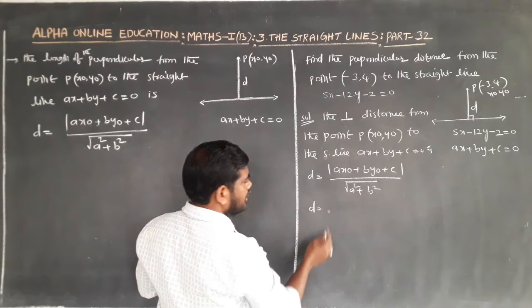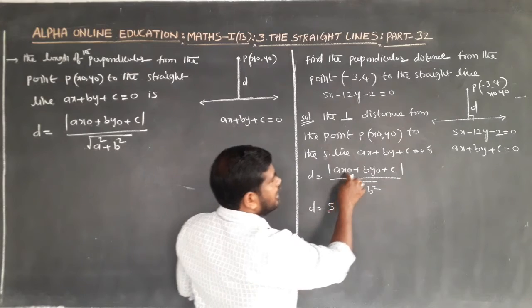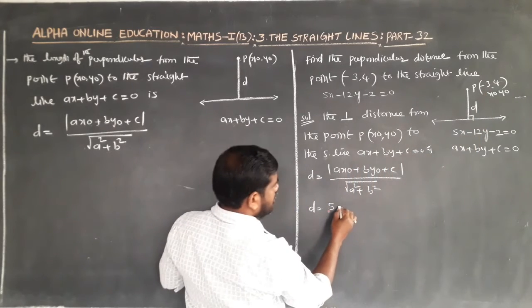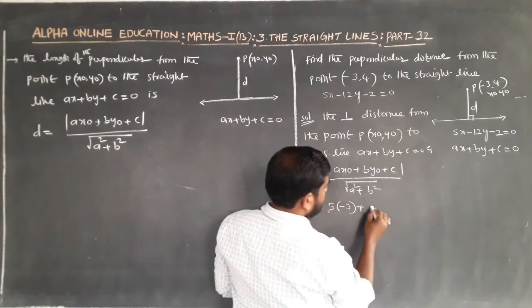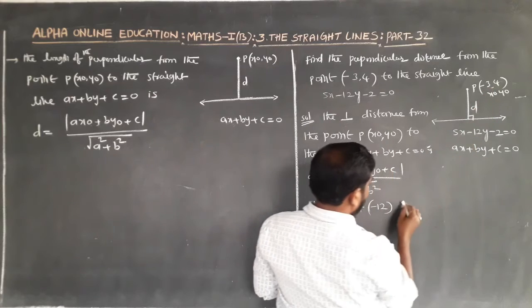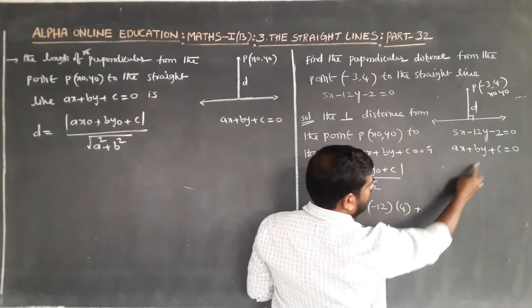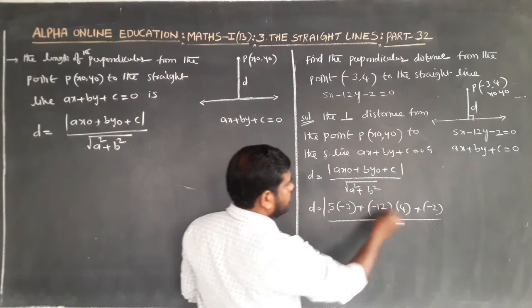Here a is equal to 5, x naught is equal to minus 3, b is equal to minus 12, y naught is equal to 4, c is equal to minus 2.